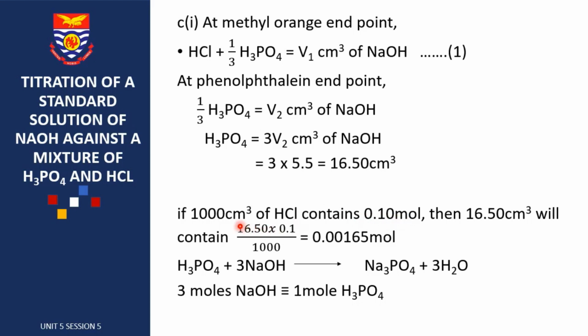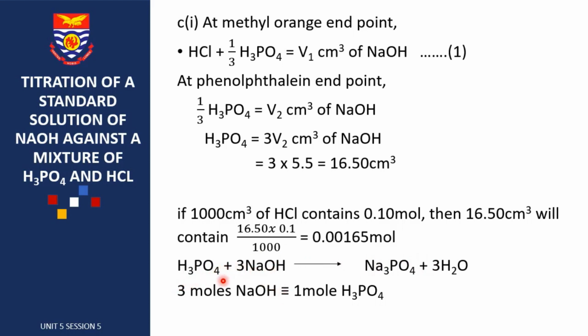What that means is that 1000 cubic centimeters of sodium hydroxide contains 0.1 mole of the sodium hydroxide. So if 1000 is equal to 0.1, then this 16.5 will contain how many? It will contain 0.00165 moles.